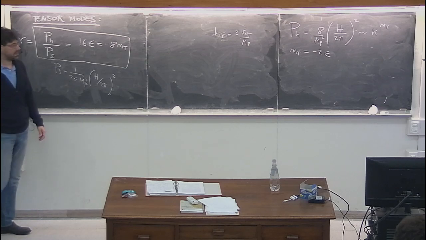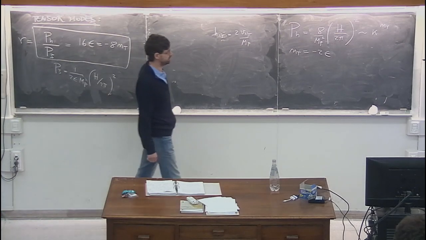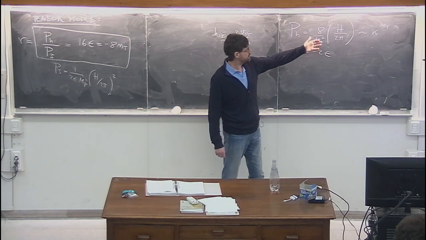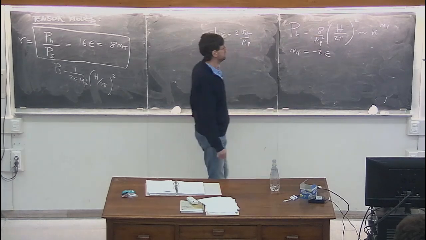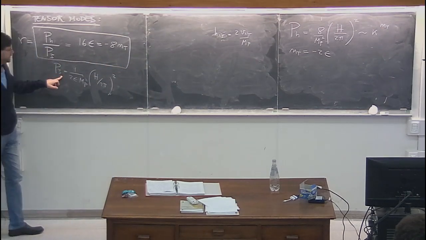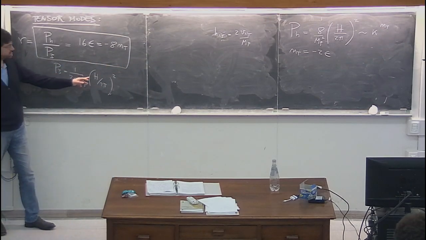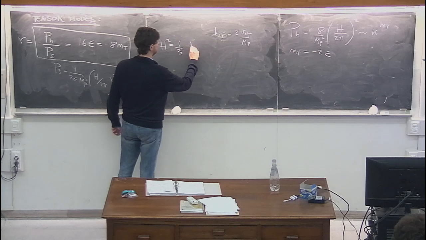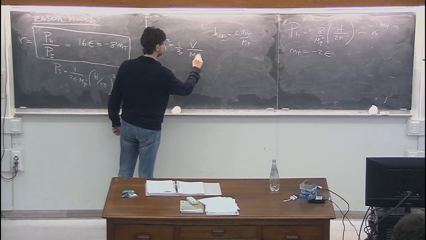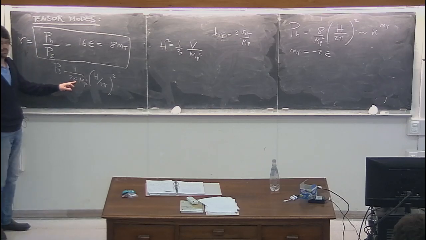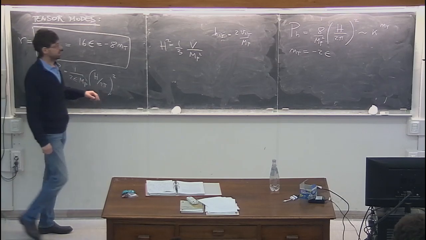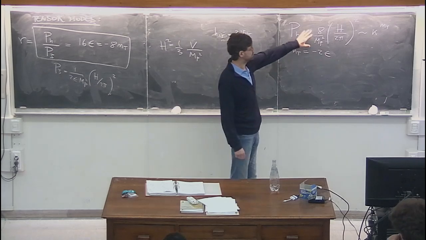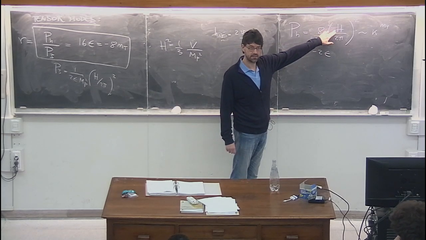I would like to conclude the lectures telling you two more pieces of information. First one is the following. As you see here, differently from this expression here, this expression contains, apart from m Planck, two basic quantities. H, the Hubble rate, and I remind you that H in these units is 1/3 V divided by m Planck square. But then it also contains an epsilon. Okay? The pH does not depend on epsilon at all, it only depends on the Hubble rate.